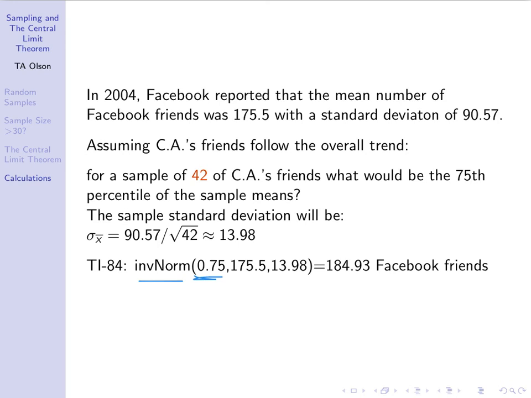So this is going to be our inverse norm on the TI-84, with mean of 175.5 and sample standard deviation of 13.98. And this comes out to be 184.93 Facebook friends. She would expect that 75% of her samples would be 184 or less, and about 25% of the samples would be about 185 or more.